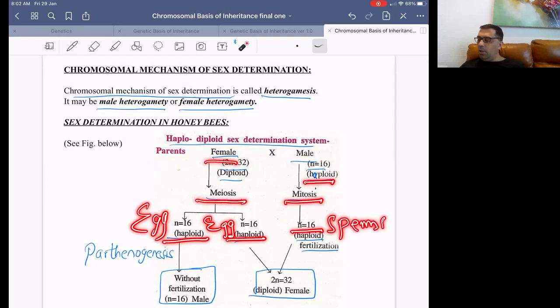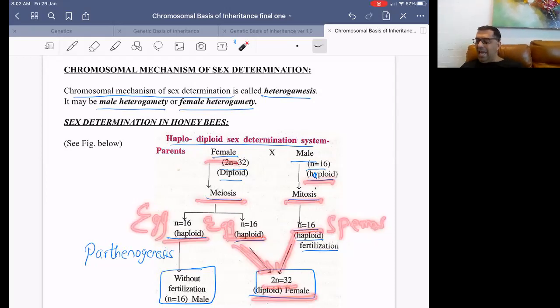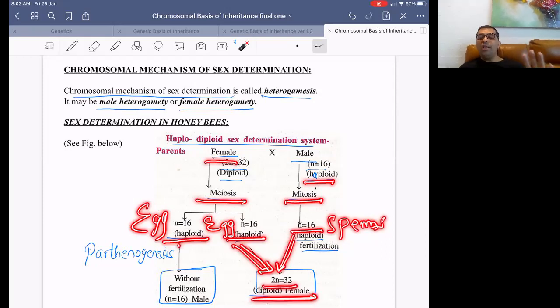If an n=16 egg and an n=16 sperm fuse together, it forms 2n=32, which becomes a diploid female. So one egg fuses with a sperm and forms a diploid female, while another egg does not undergo fertilization.